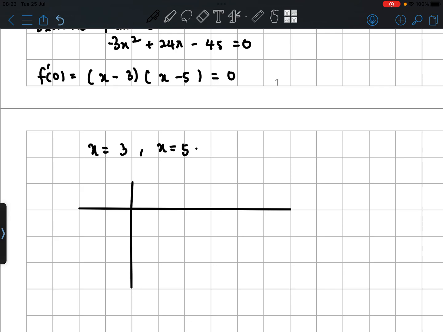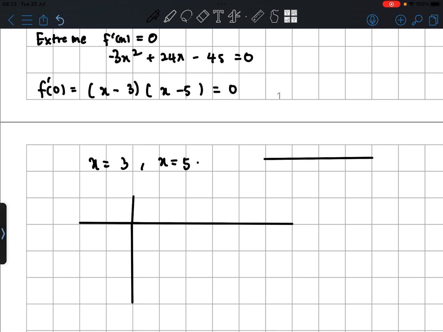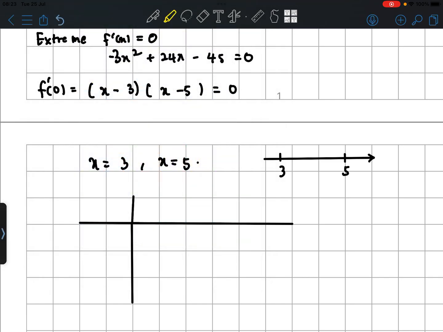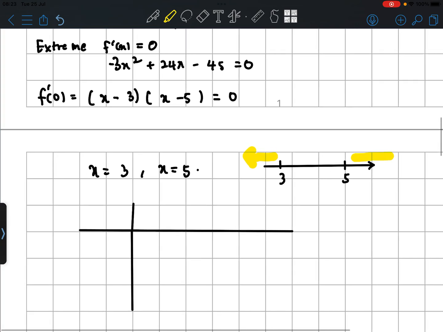So first, if you see the number line, x = 3 and x = 5 are here, so we need to consider all regions. Maksudnya, kita kena ambil yang kecil dari 3, yang dekat kiri ni, yang dekat kanan, and then yang dekat tengah.